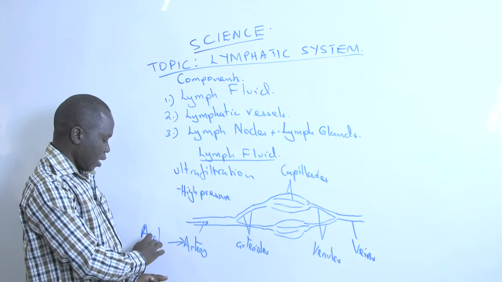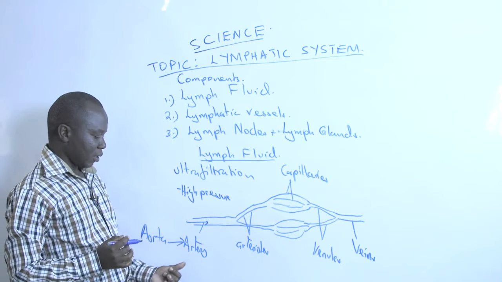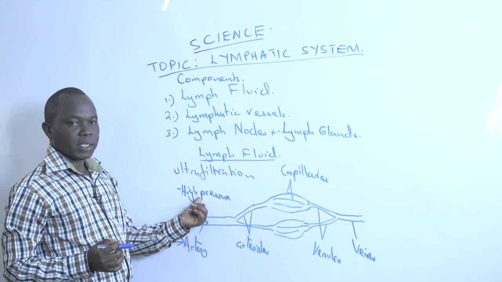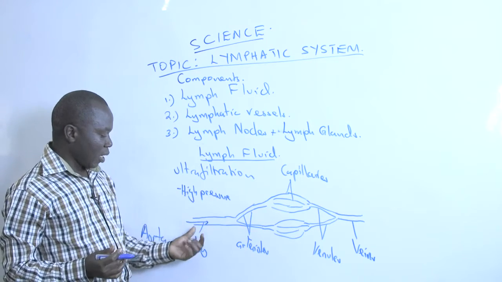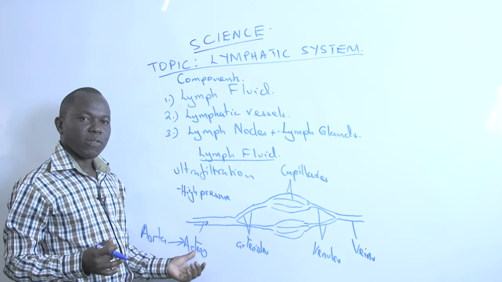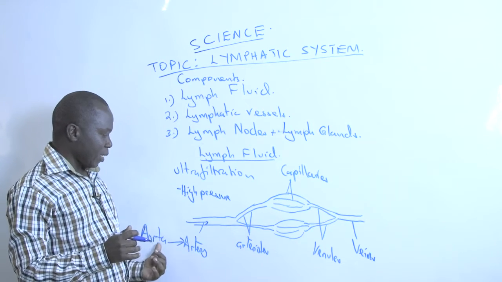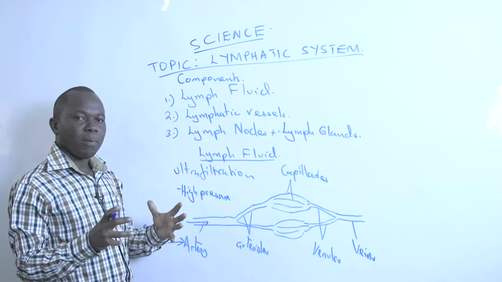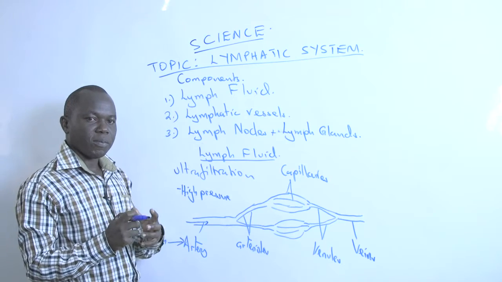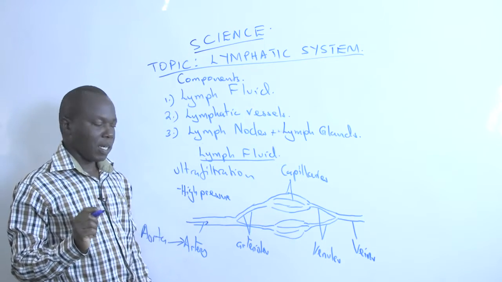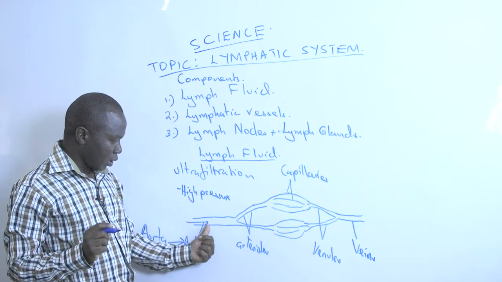The aorta is an example of an artery. We also have other factors like the thick muscles of the artery that will also increase pressure. But the main reason is that blood being pumped from the heart, specifically from the left ventricle, is at a high pressure.